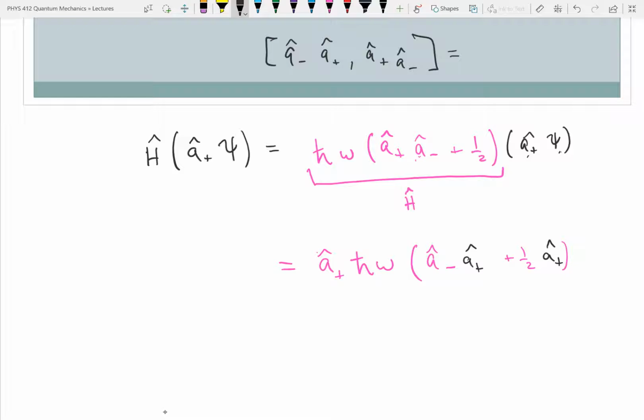So I distributed that A plus over to the left. So this is that one, and this is that one. So I didn't change any order. I just rewrote how I was writing it.